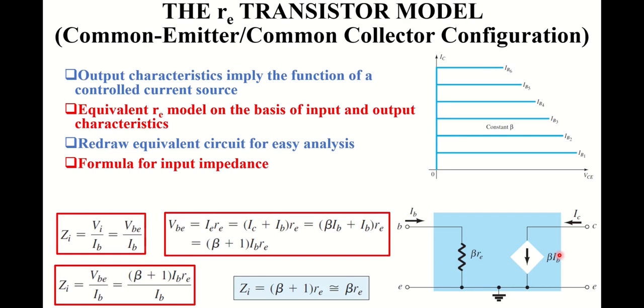In order to include the effect of output impedance, we need to consider the typical output characteristics graph of a BJT as shown in the diagram, with VCE on the x-axis and IC on the y-axis.